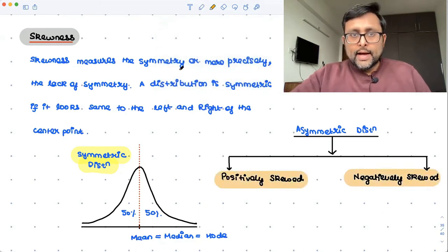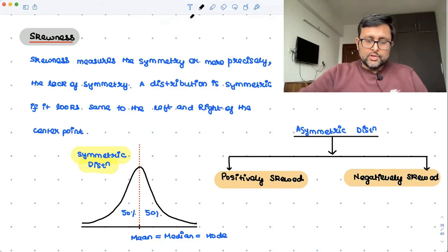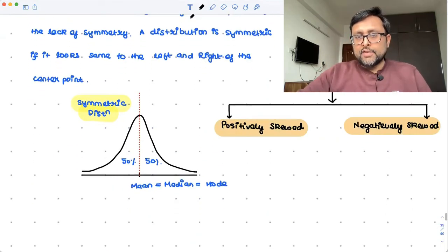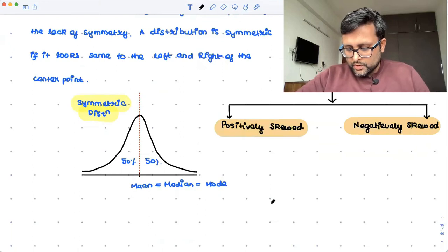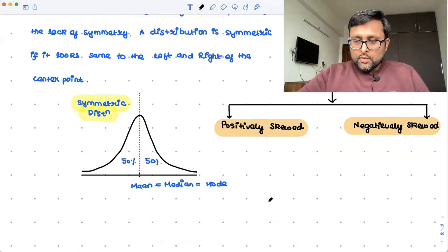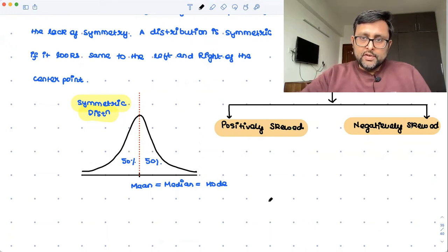So what do you call a positively skewed distribution and a negatively skewed distribution, right? When we say positively skewed or negatively skewed, we have to think of it like this.